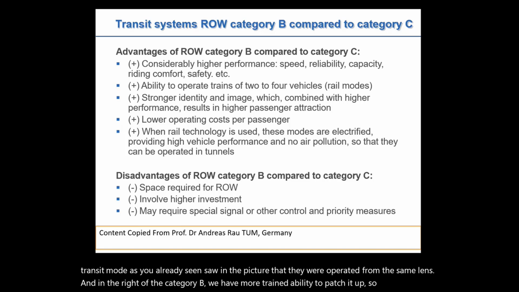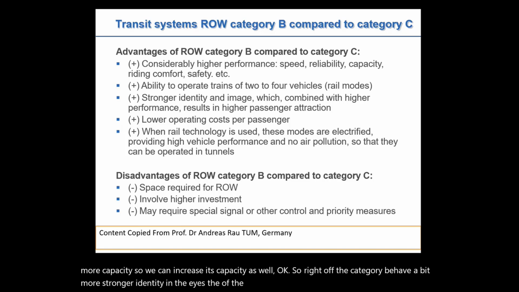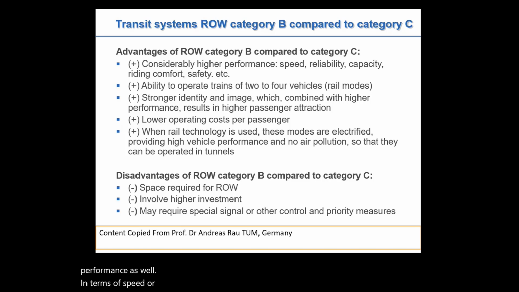So if we have more demand, we can increase its capacity as well. Okay. So right of way category B has a bit stronger identity in the eyes of the traveler. And also we can improve its performance in terms of speed and in terms of unplanned traffic as well.